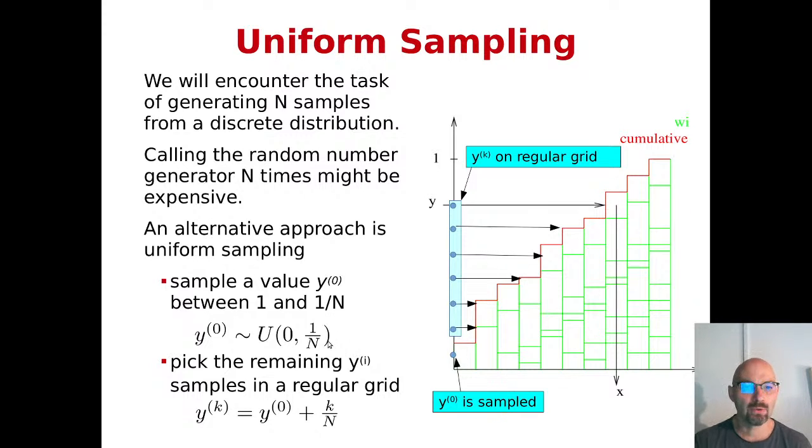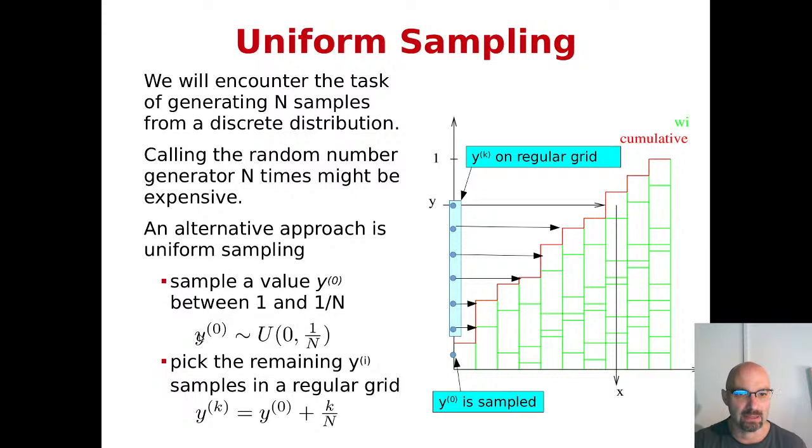You draw a value between 0 and 1 over n. You draw it from the uniform distribution, so in this case you will select a uniform distribution that spans between 0 and 1 over n. So it's a uniform distribution which is smaller and taller. And so you draw your initial value y0 over here. Then after 1 over n, n is the number of desired samples.